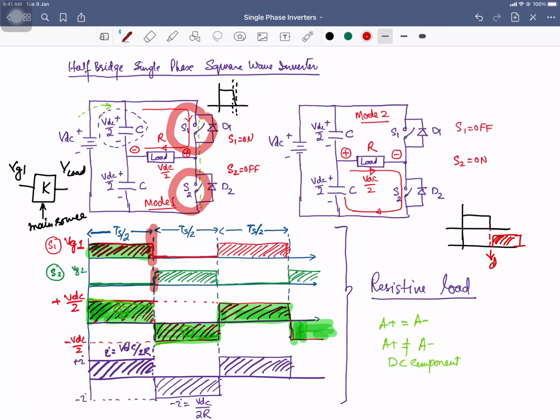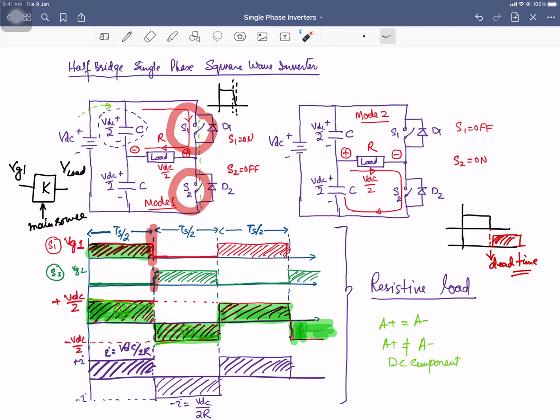This is said to be the dead time, and that is introduced to avoid the short circuiting of the source. If both of these switches are turned on, your source will get short circuited. So we introduce the dead time between the transition when we are transiting from S1 to S2.